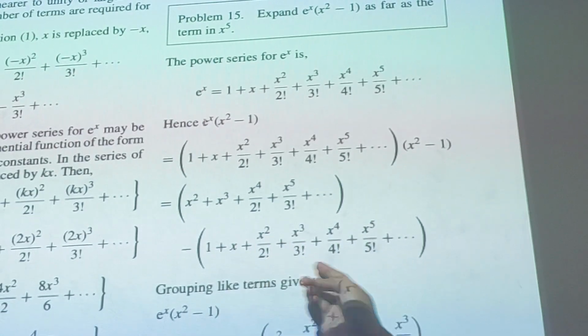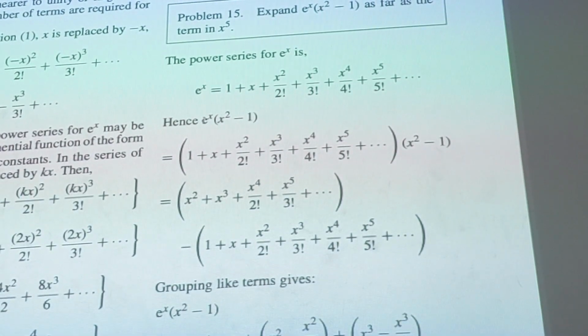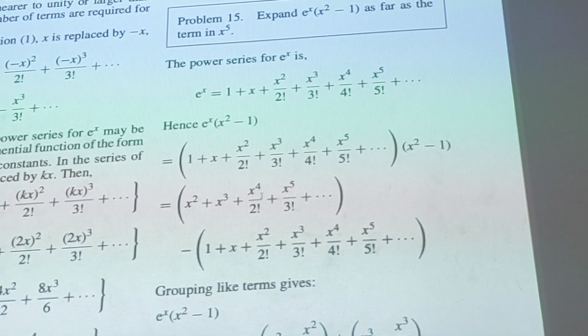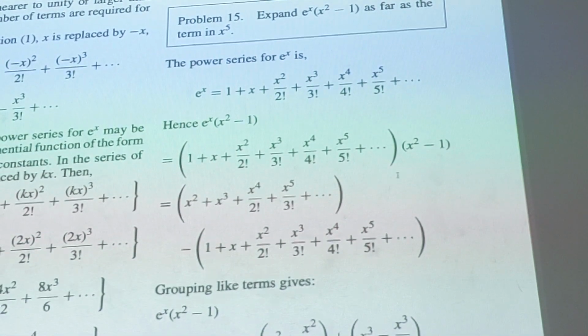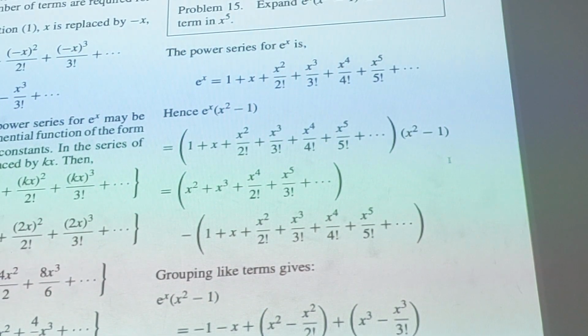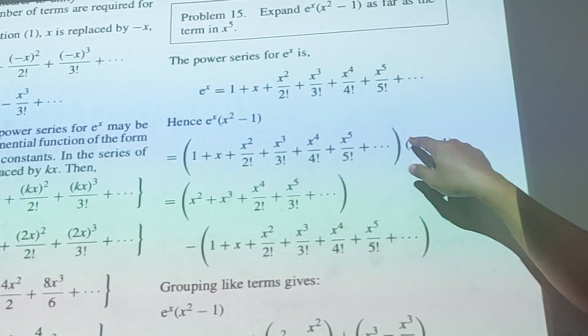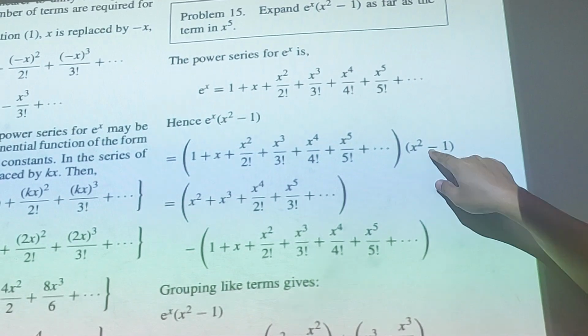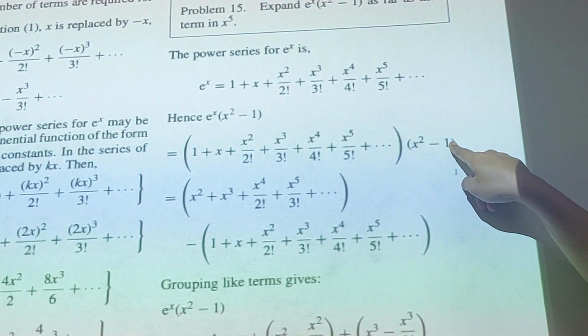It's like this. So this is multiplied by x squared, and the second one is multiplied by minus 1.